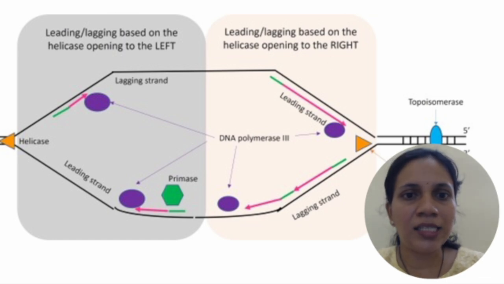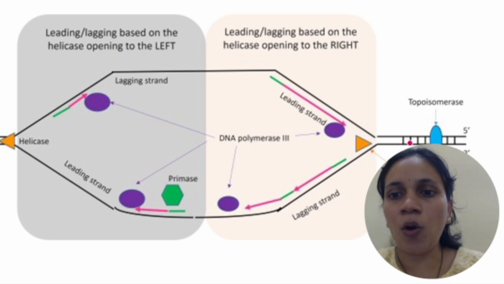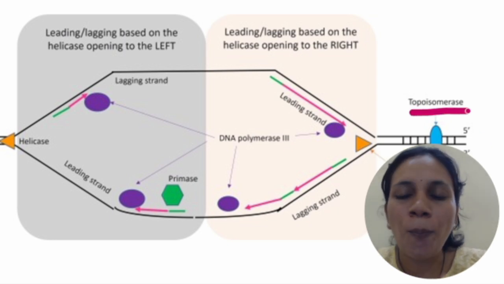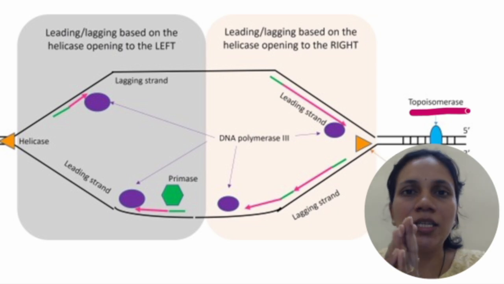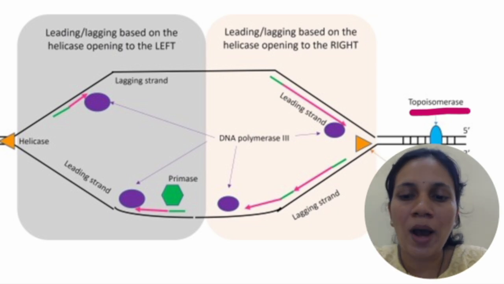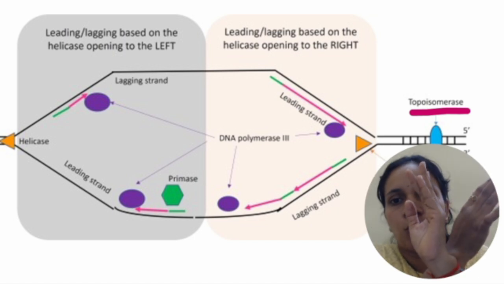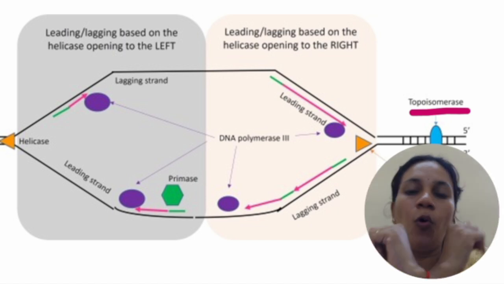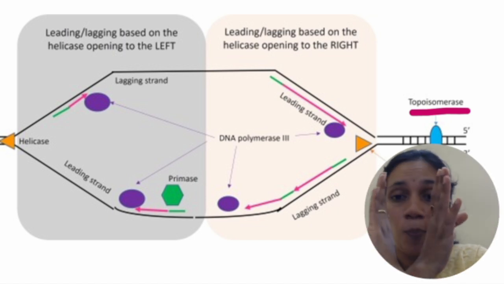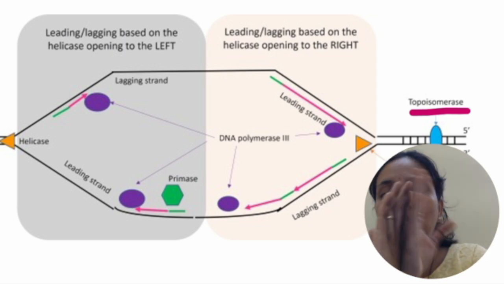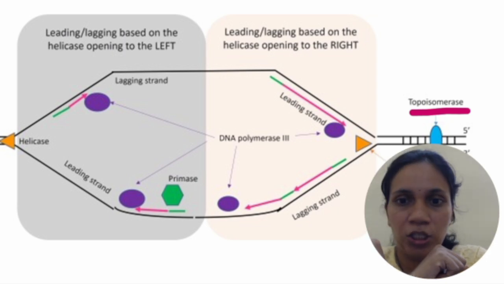Now this enzyme that you see is topoisomerase. We know that DNA is highly coiled, right? So topoisomerase is slowly going to open or unwind the DNA. Once it is opened, we know both these strands are complementary to each other.